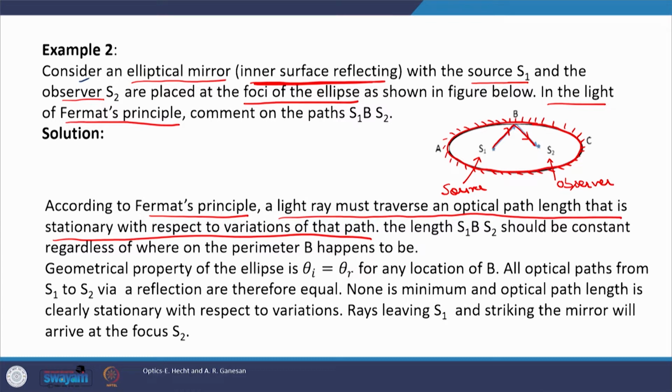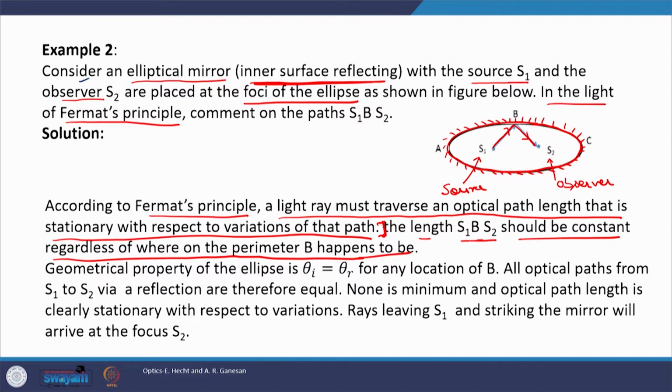Now, the length S1 B S2: the ray starts from S1, goes to B, and then comes back to S2. The length S1 B S2 should be constant regardless of where on the perimeter B happens to be.